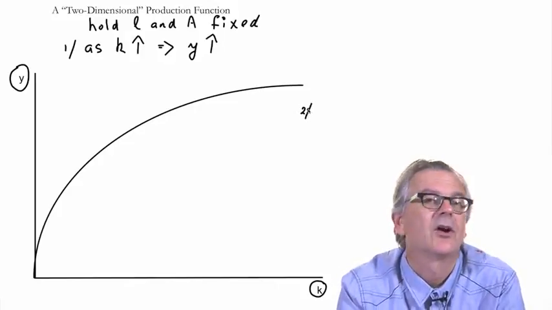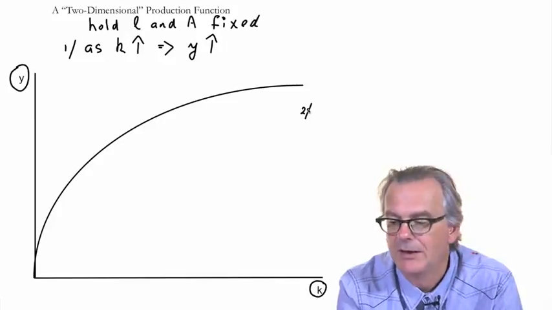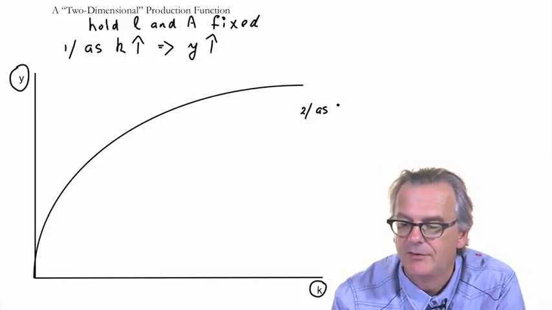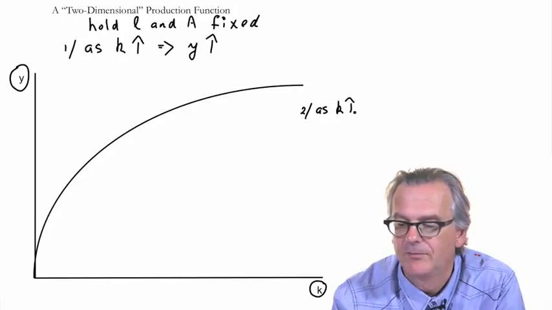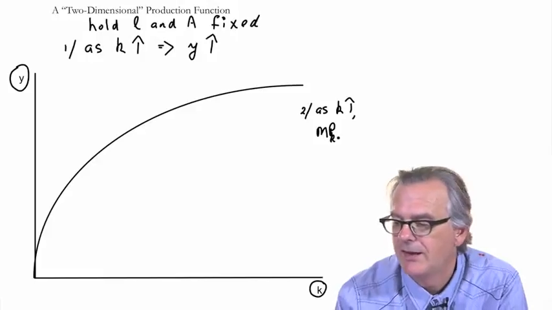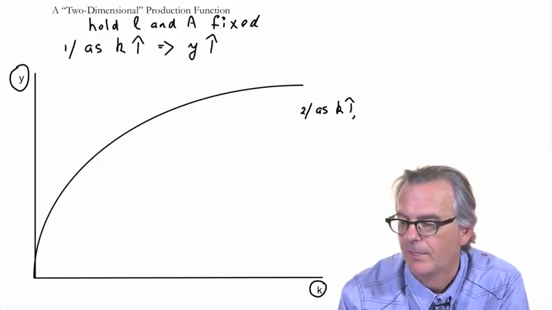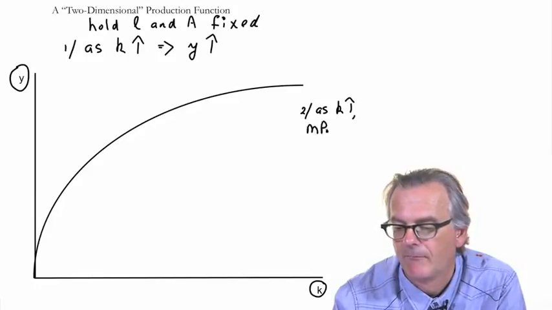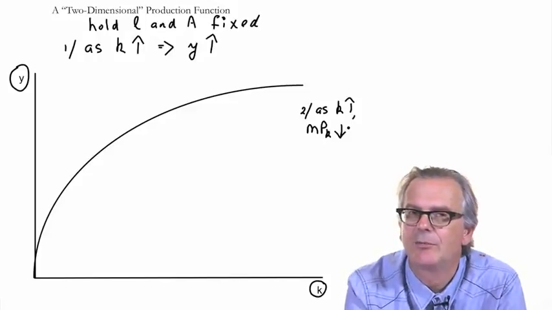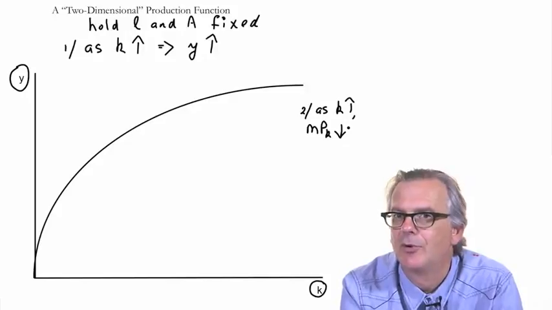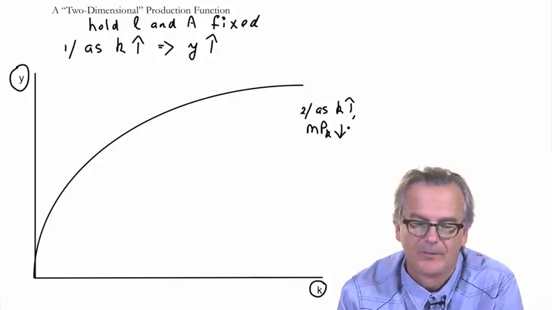Second, however, is this concept of the diminishing marginal productivity of capital. That as the amount of capital increases, the marginal product of capital, the extra output that we get, falls. So we still are getting extra output, but you're getting smaller increases of output the more capital you have.